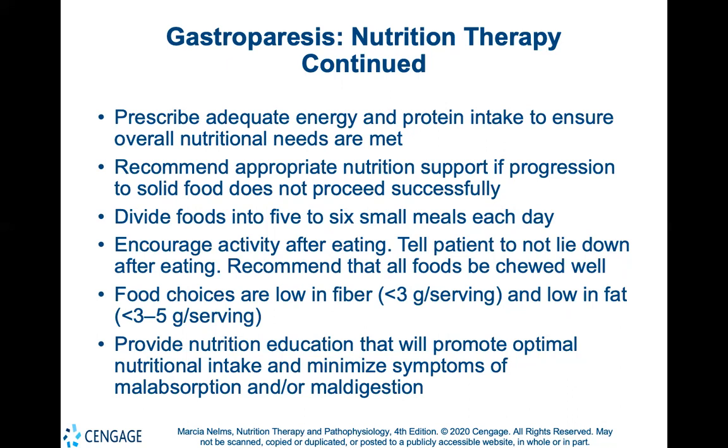Food choices are low in fiber and low in fat. Provide nutrition education that will promote optimal nutritional intake and minimize symptoms of malabsorption and or maldigestion.